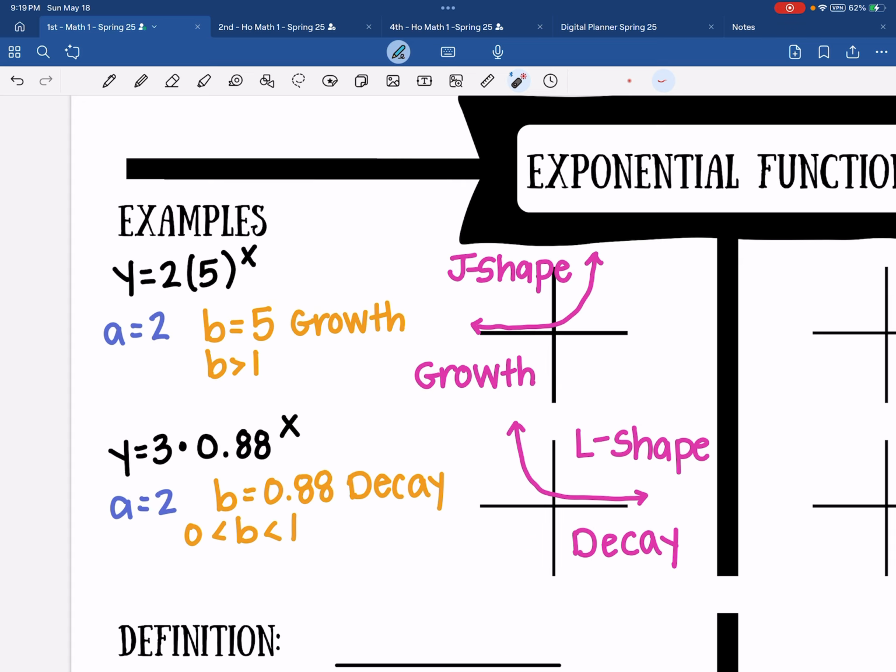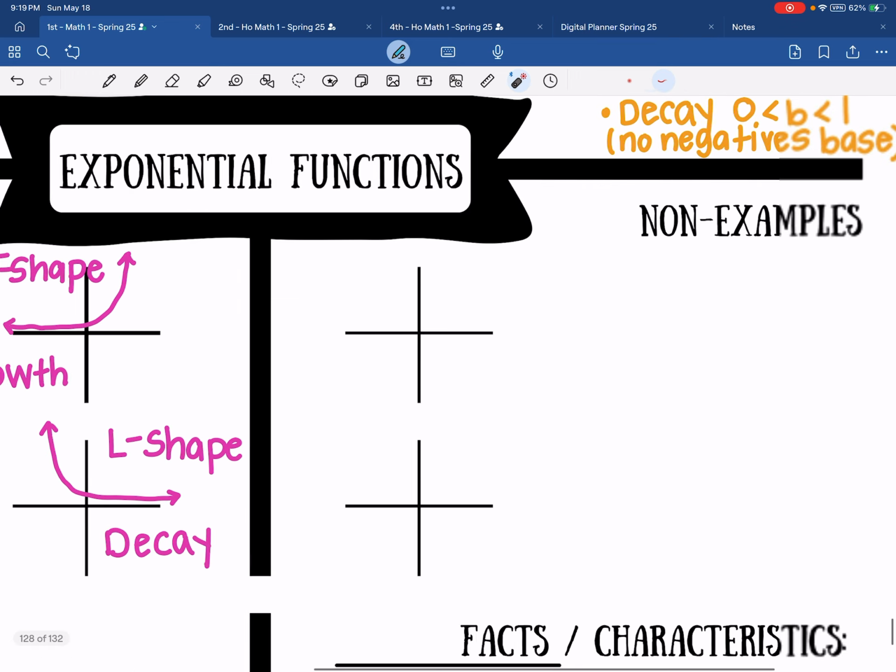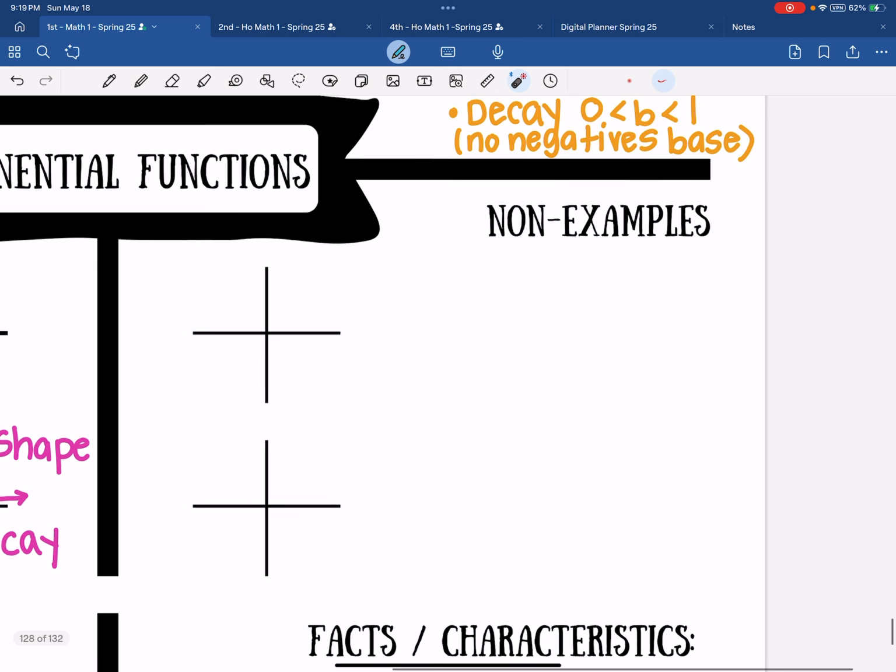All right, here's another one. My y-intercept is 5, and my base is 1.02, and that is greater than 1. It might be slightly greater than 1, but it's still greater than 1, which means it is going to represent growth, okay?